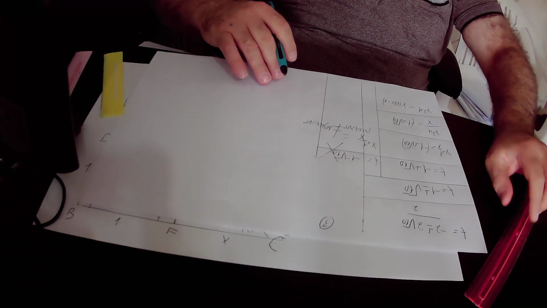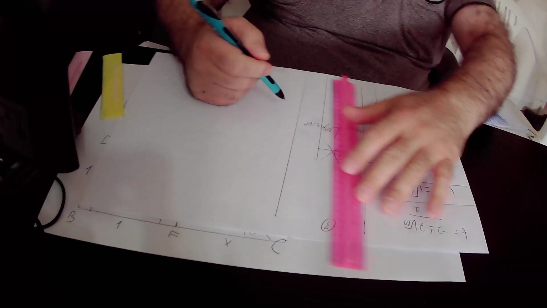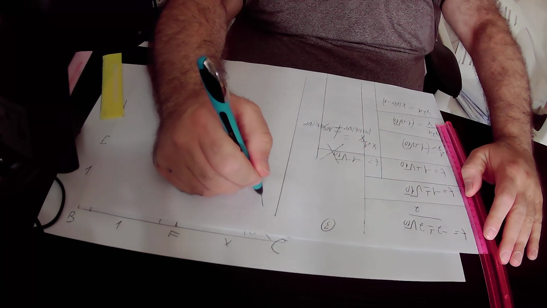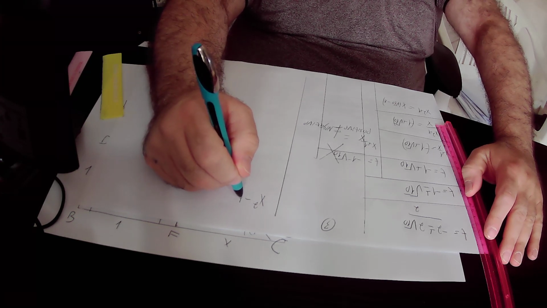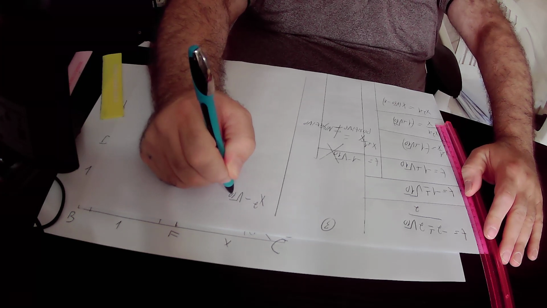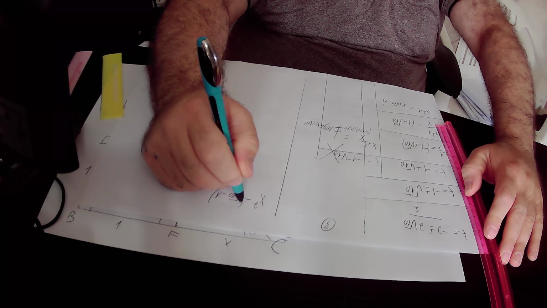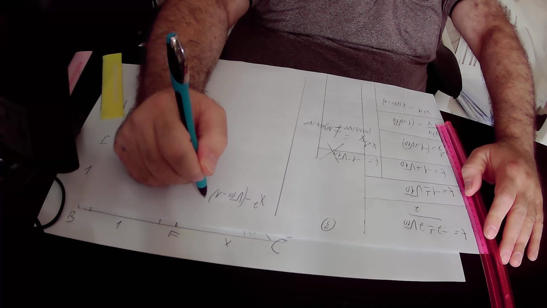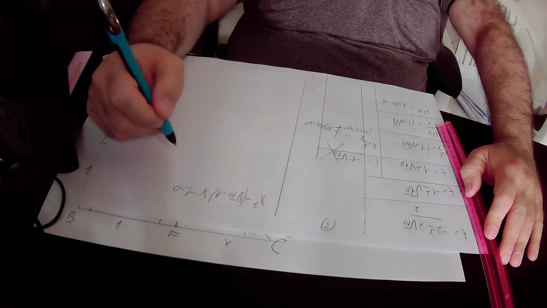The quadratic equation that we will get will be x squared minus (square root of 10 minus 1) times x plus 1 equals to 0.